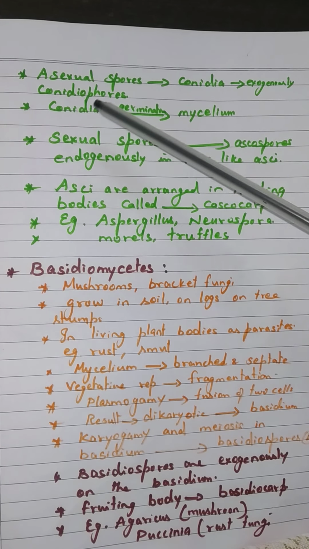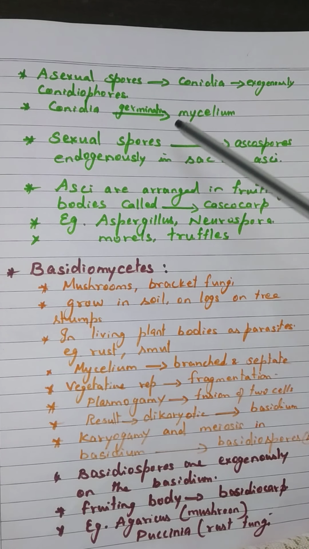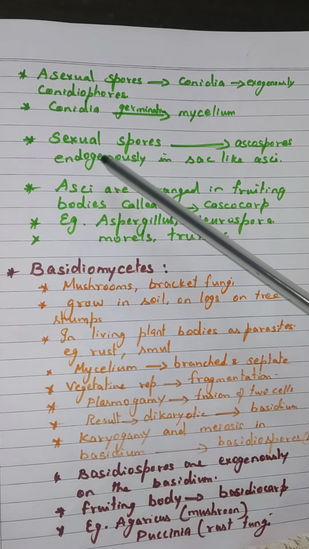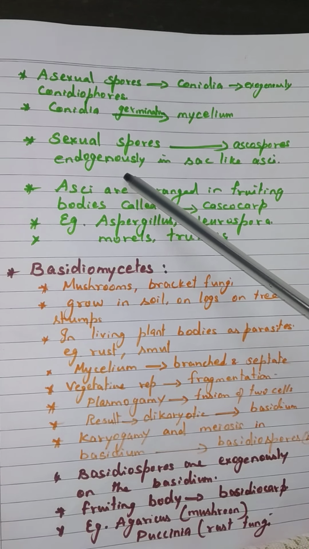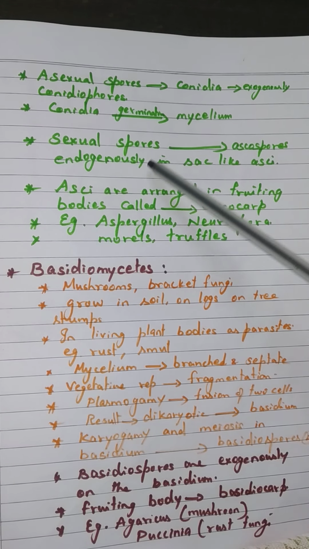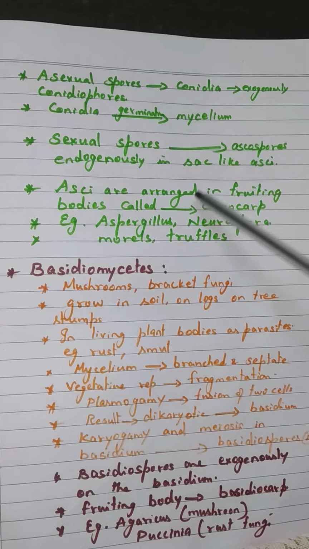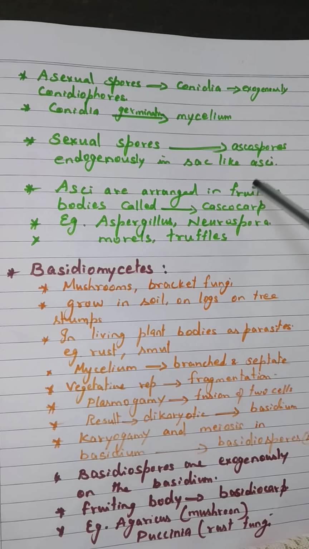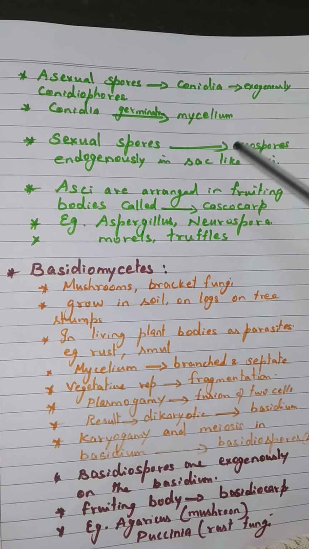These conidia germinate into mycelium, and sexual spores are called ascospores. They are produced endogenously in sac-like structures known as asci. The singular form is ascus; asci is plural.